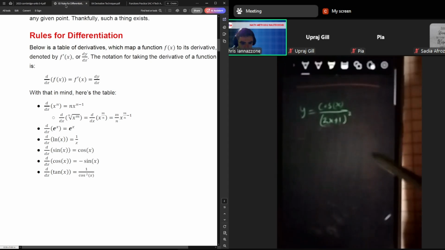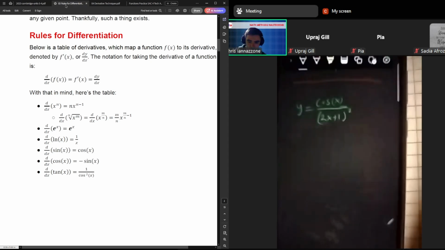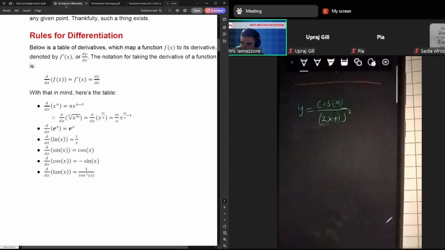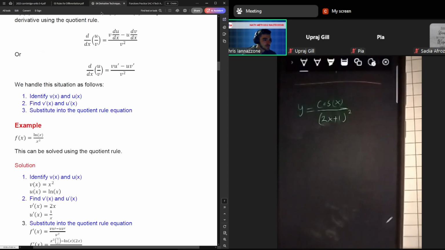In fact, this is actually a good one because it can be done 2 different ways. We'll try to show both. But for now, we'll just try and do it the way that's most intuitive here. We have a division of 2 functions.